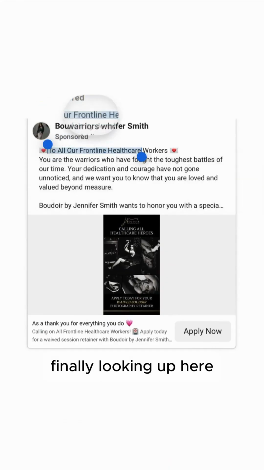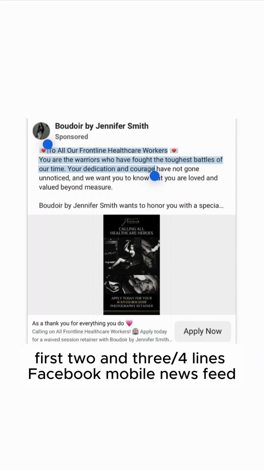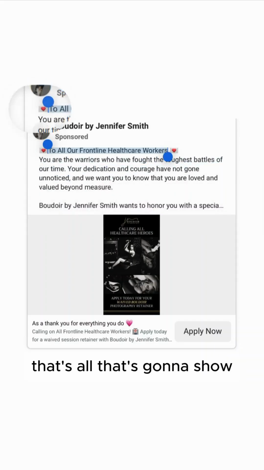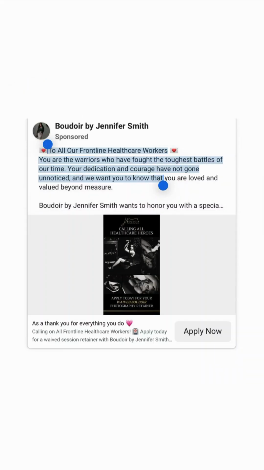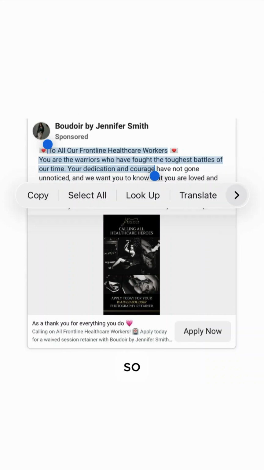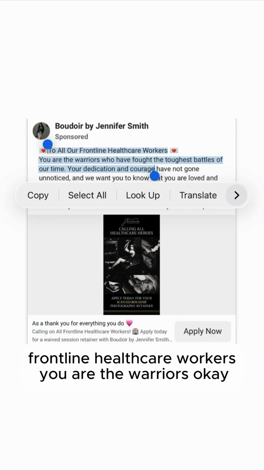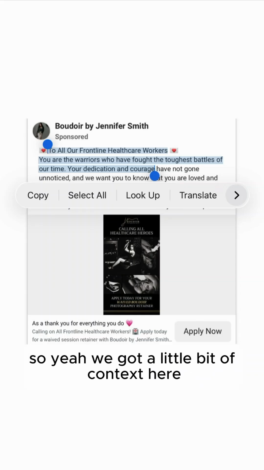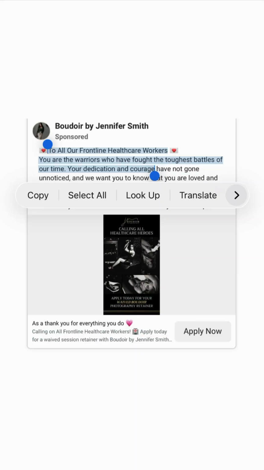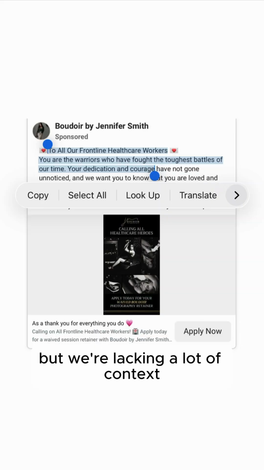Finally, looking up here, first 2 3/4 lines, Facebook mobile newsfeed. That's all that's going to show. So, frontline healthcare workers, you are the warriors. Okay, all right. So, yeah, we got a little bit of context here, but we're lacking a lot of context. So it's the lack of context mistake.